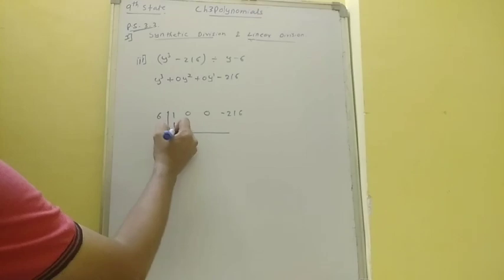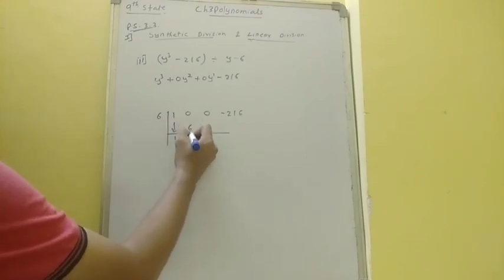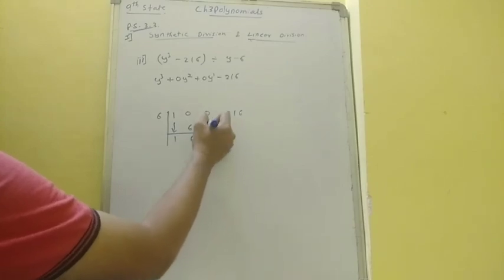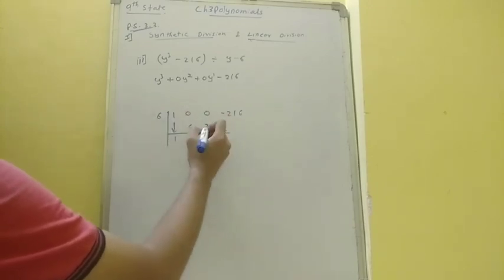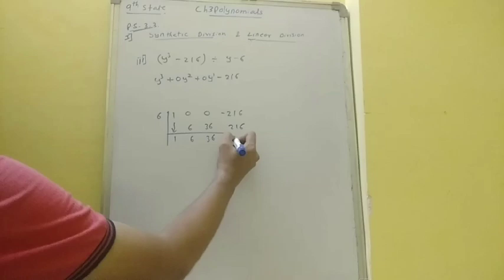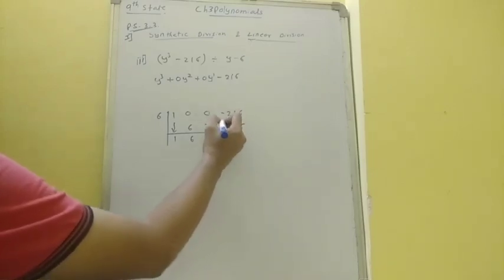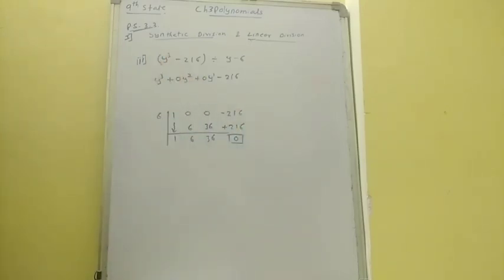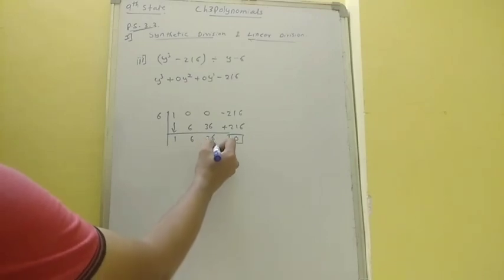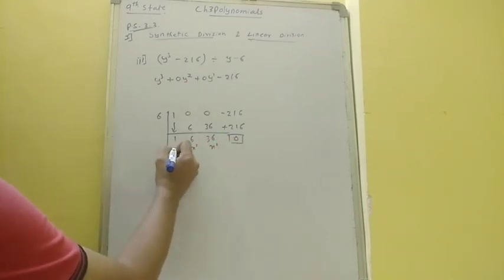So first one is as it is, 6 ones are 6, 6 as it is, 6 6 are 36, 36 as it is, 6 36, 6 are 216, so it is minus 216 plus 216 is 0. So x raised to 0, x raised to 1, x raised to 2.